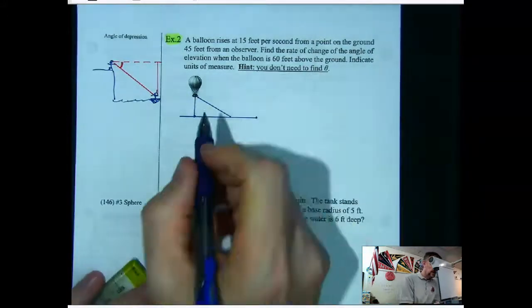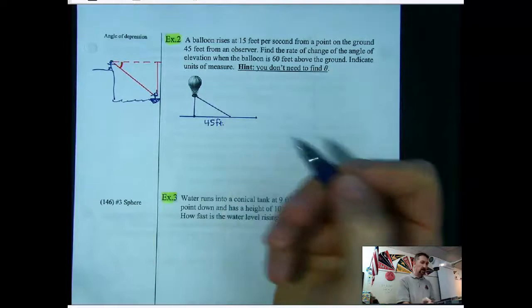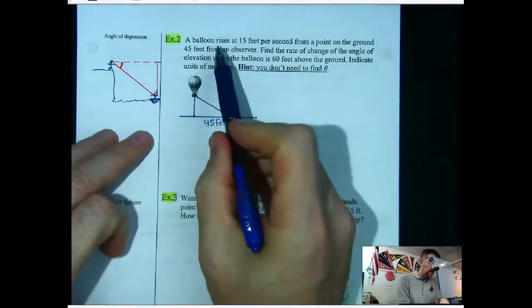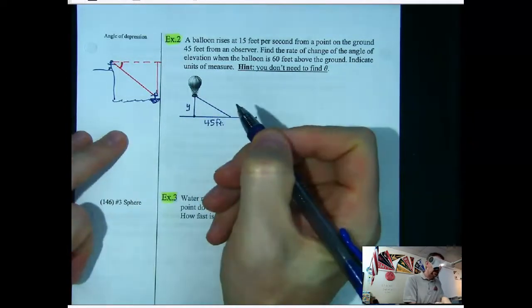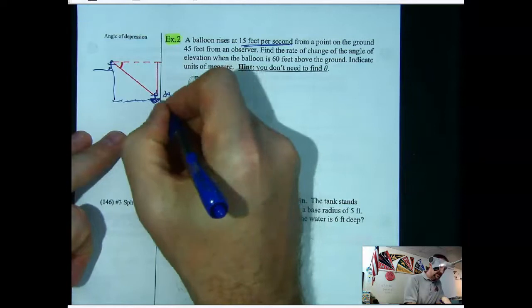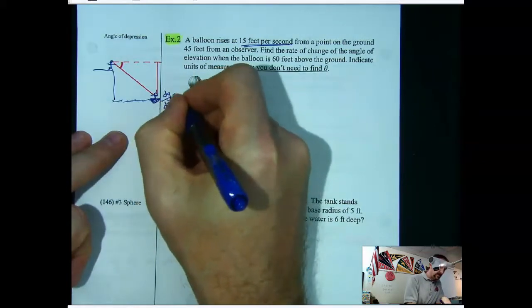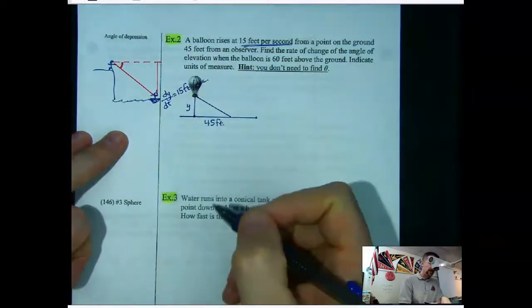Okay? So we know that this is 45 feet. The balloon rises at 15 feet per second, so I can call this y. And dy/dt is going to be 15 feet per second.